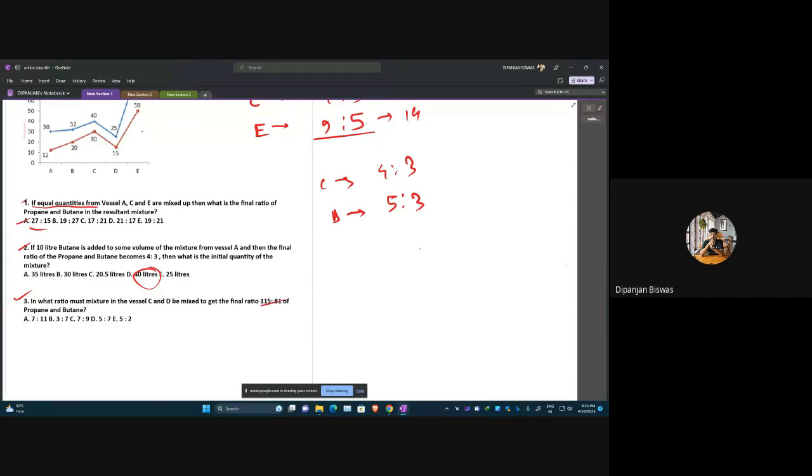So both the vessels are not mixed in equal quantities, okay?